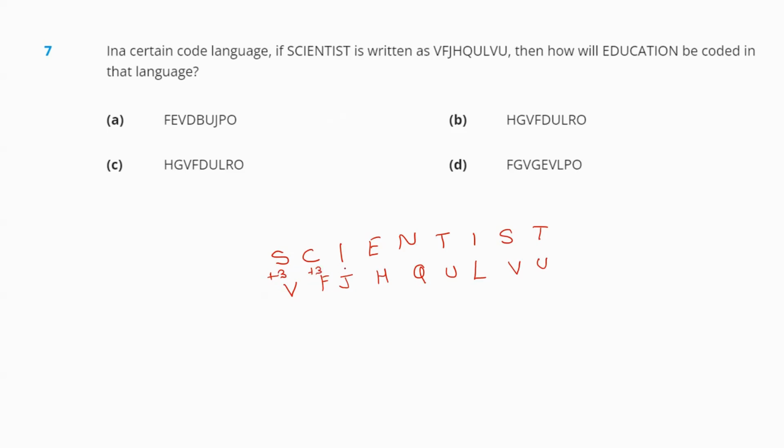But from I to J, we just add 1. From E to H, again plus 3. From N to Q, again plus 3. From T to U, we just add 1. The next, again, the pattern is plus 3, plus 3, plus 1.